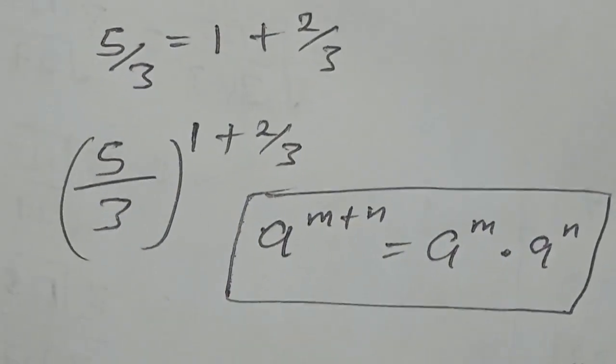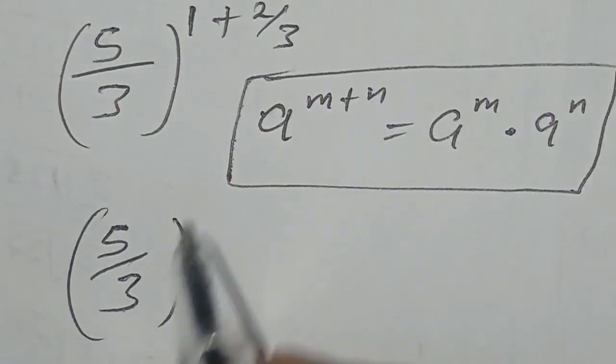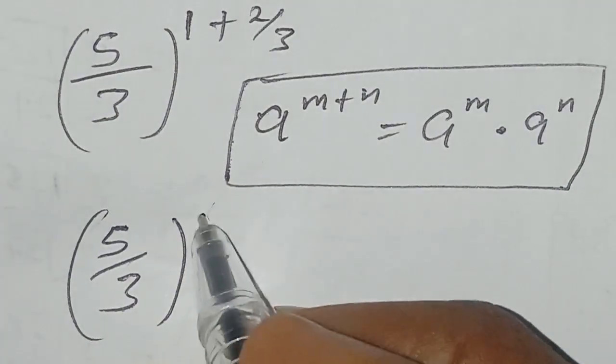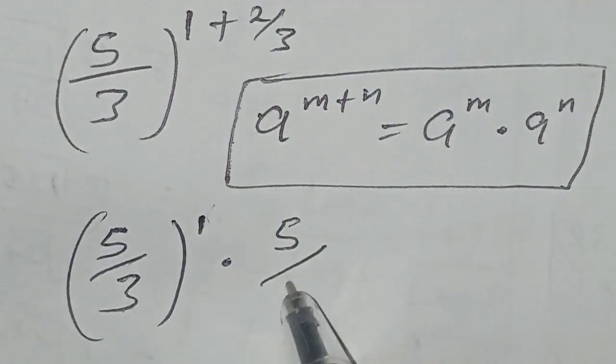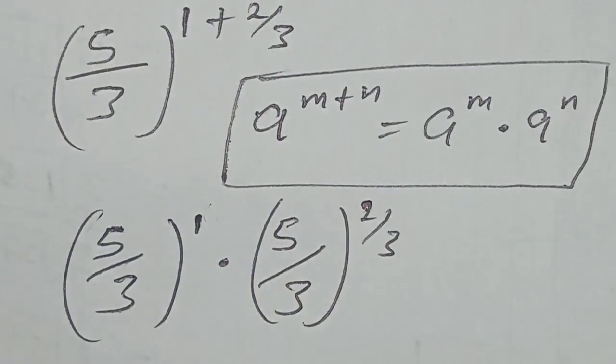Using this, we can now have 5 over 3 to the power of 1 multiplied by 5 over 3 to the power of 2 over 3.